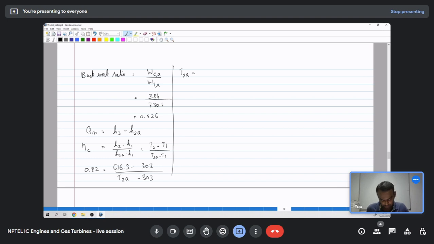T2A is 303 plus 616.3 minus 303 divided by 0.8. So this is 685.07 Kelvin.